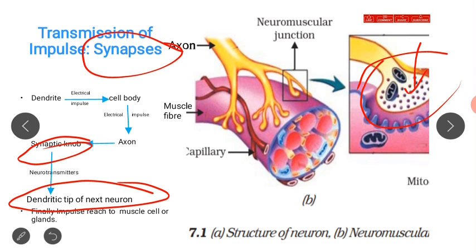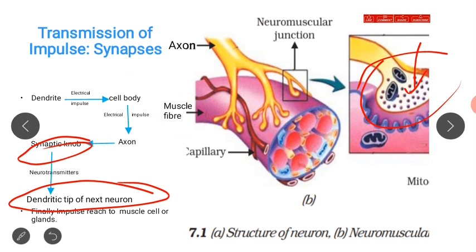That means synapse is the link between one neuron and another neuron, or between one neuron and a muscle fiber. It is a junction between a muscle fiber and a neuron, or between two neurons. In this way the electrical impulse passes from one neuron to another neuron.